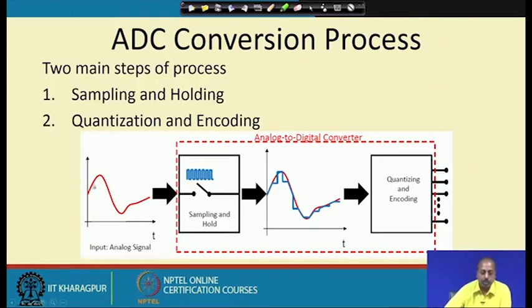So, what is happening? This is the actual analog signal. There is a sampling and hold circuitry which will sample these signals at some intervals of time. Though the analog signal is continuous, to convert into a digital signal we need some value at some fixed point of time. So, that value can be converted.